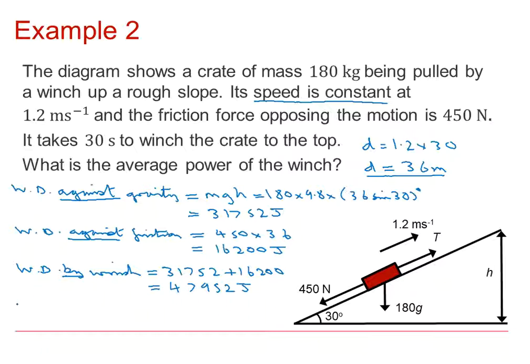So now we can think about the average power. So the average power of the winch is the work done by the winch, which was 47,952, divided by the time taken to pull the crate up the hill, which was 30 seconds. So the average power is 1,600 watts to 3 significant figures.